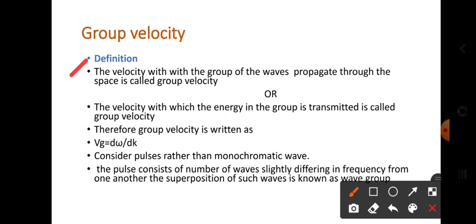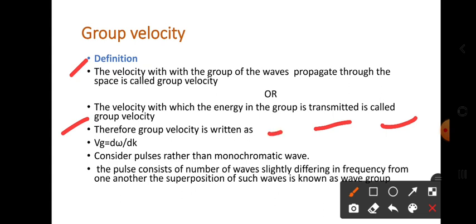The velocity with which the group of waves propagates through space or through the medium is called group velocity, or we can define it like this also: the velocity with which the energy in the group is transmitted is called group velocity.